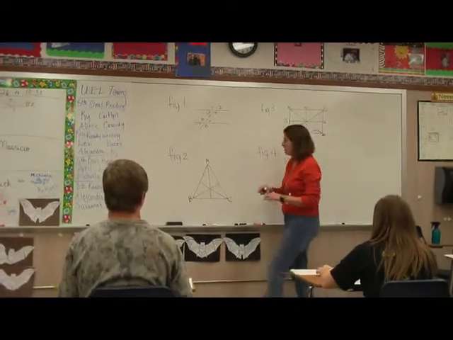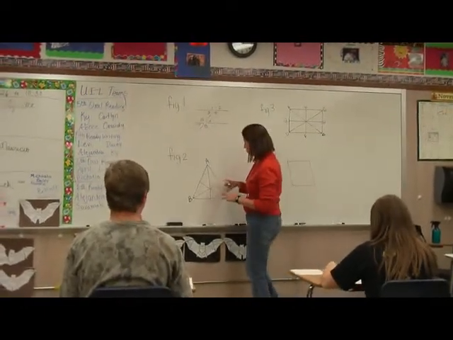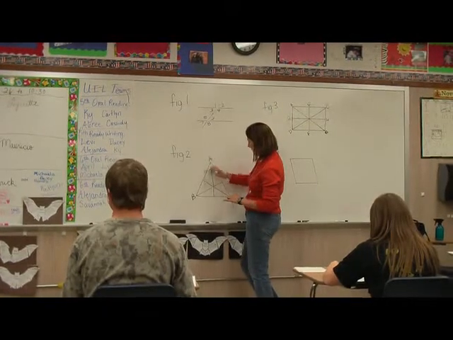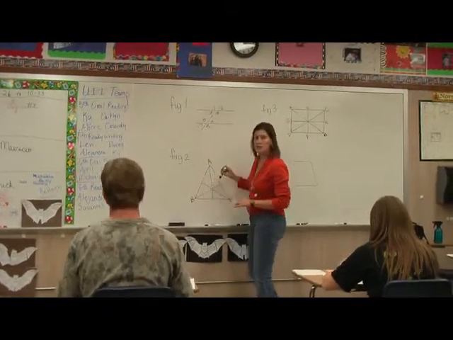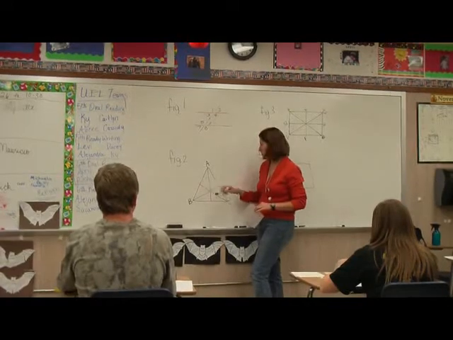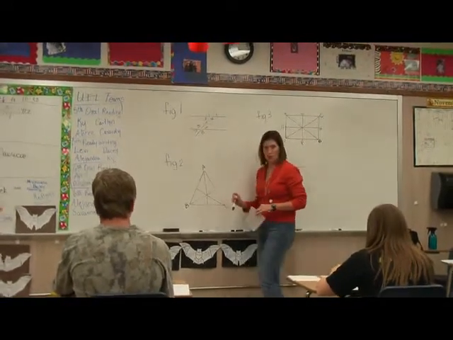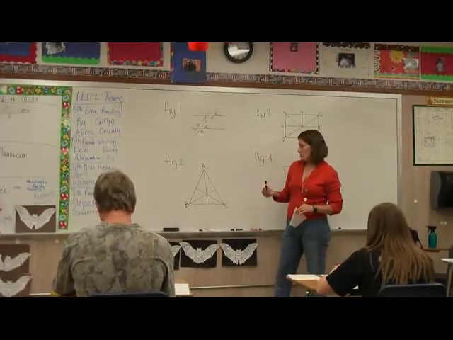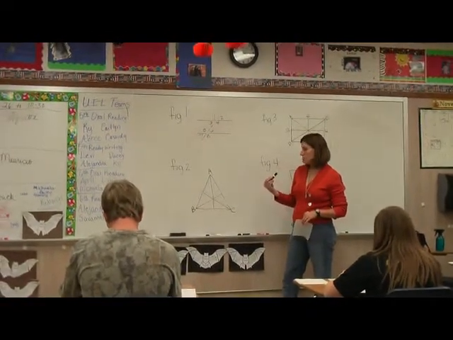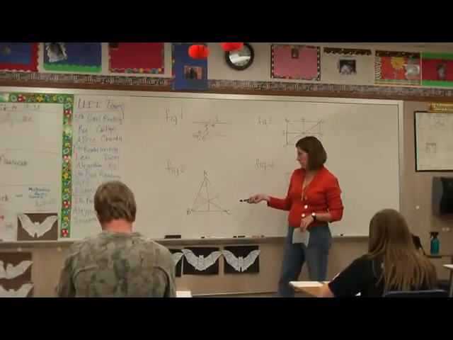Okay, now I want you to look at it, and we've got A, B, C, and A, B, and C, and this is an equilateral triangle. So that means that all 3 sides are equal and all 3 angles are equal. So we're thinking that this should be symmetrical because everything's congruent.